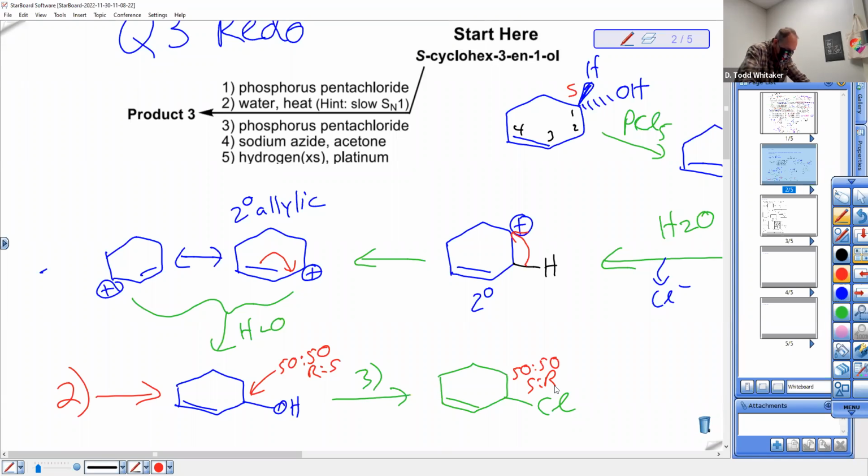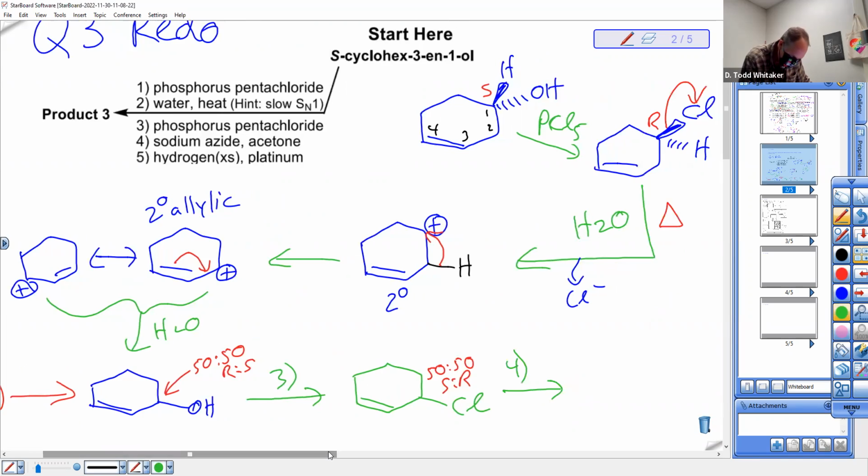And now it's sodium azide. 50/50 azide. And 50/50 to the amine.